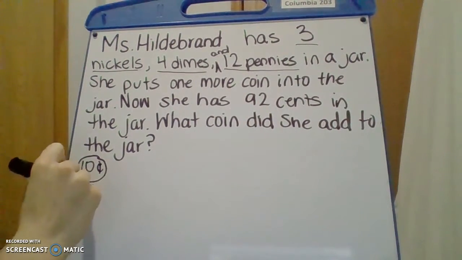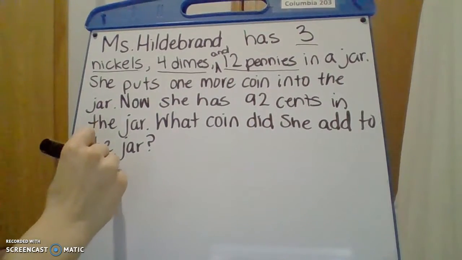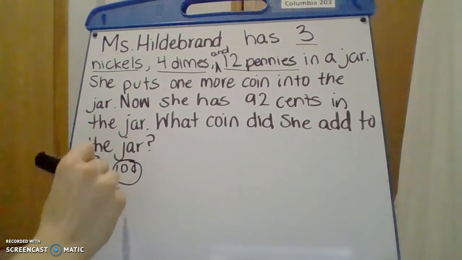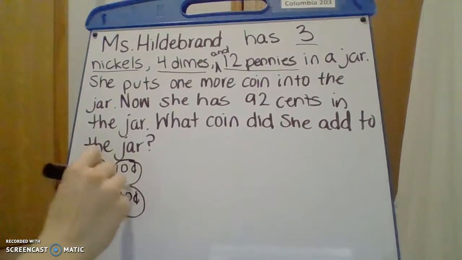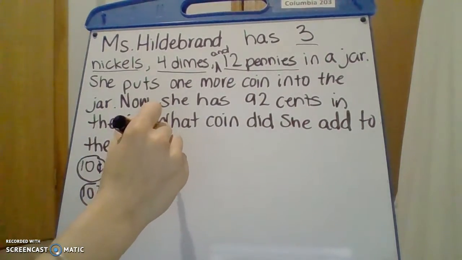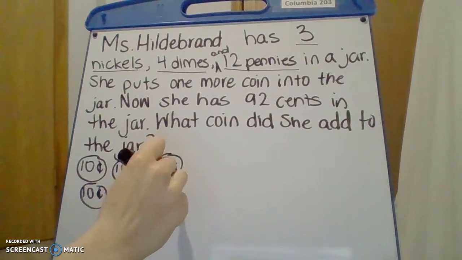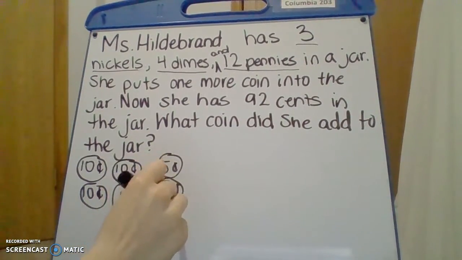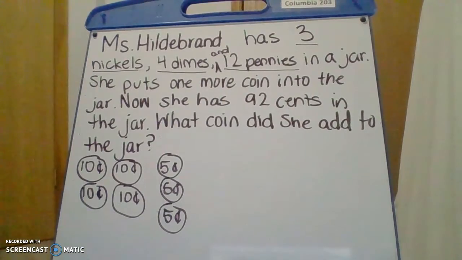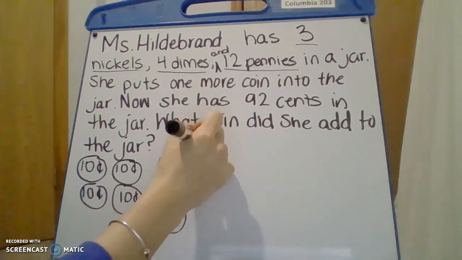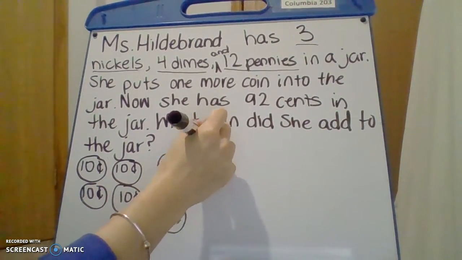And I always draw it out as well. So that's 4 dimes, 3 nickels, and 12 pennies. I'm going to start up here so I have enough room.